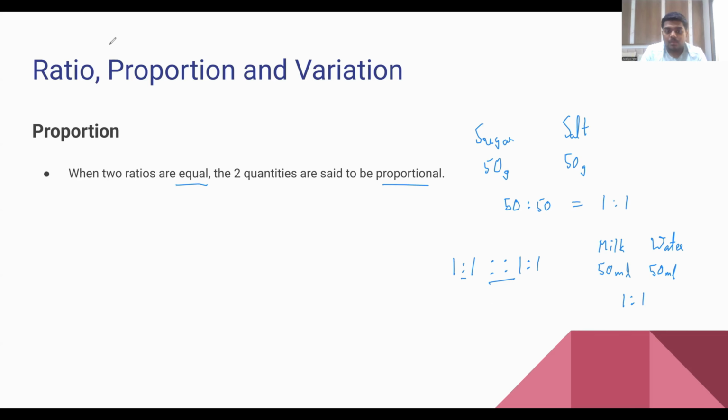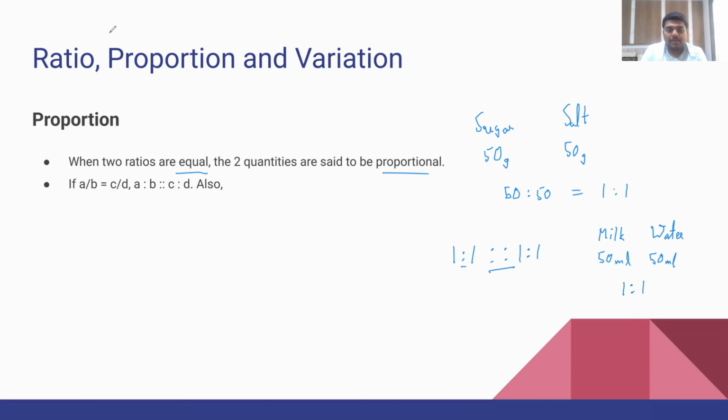So if A by B equals C by D, then A is to B is as C is to D. And there are also various representations of the same thing.